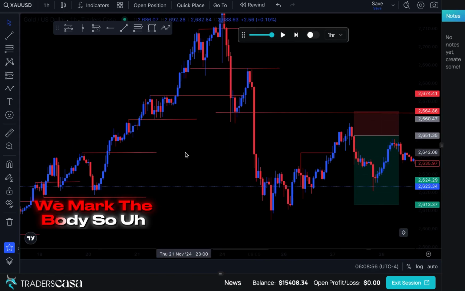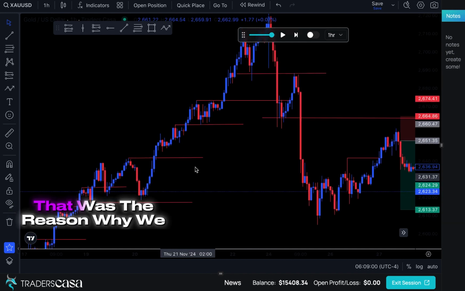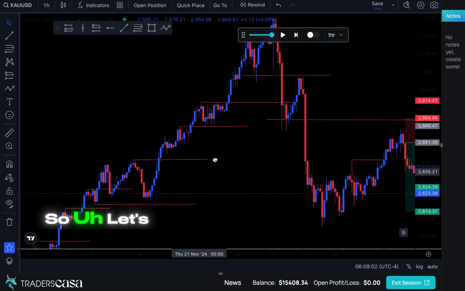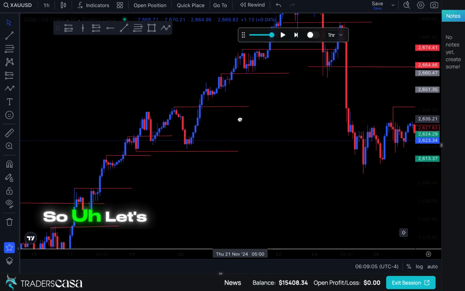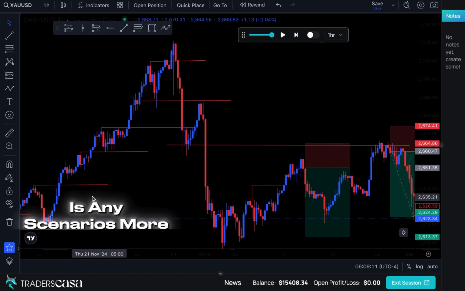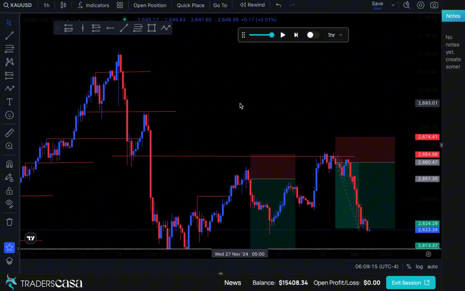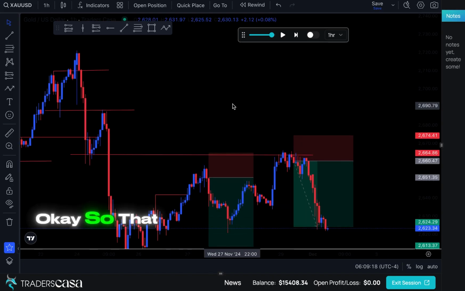We mark the body. Currently here we marked the wick. That was the reason why we took a loss. So let's see if there are any more scenarios like that.